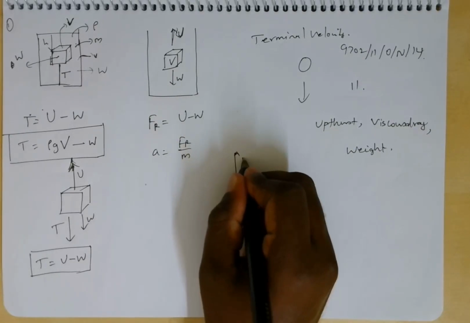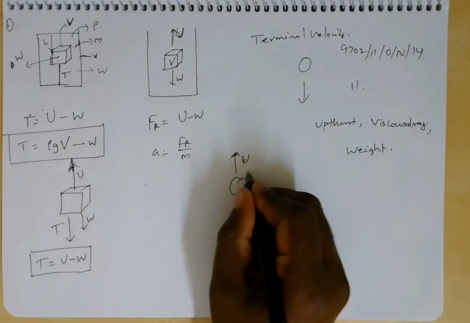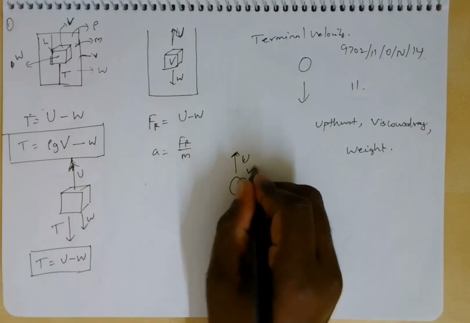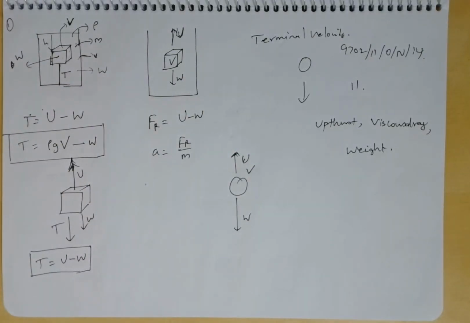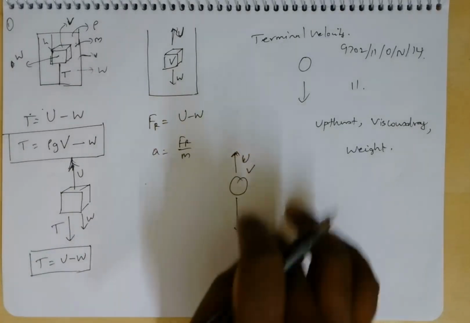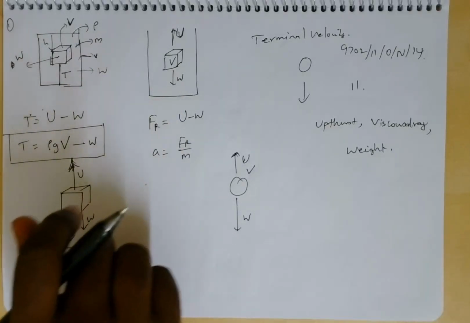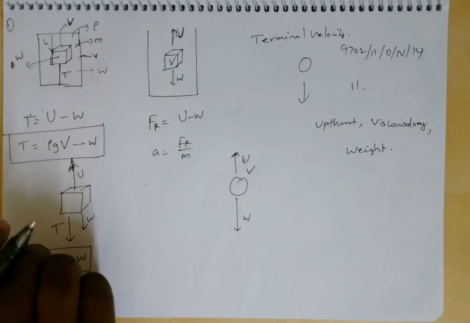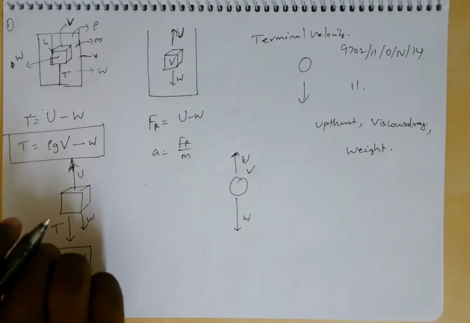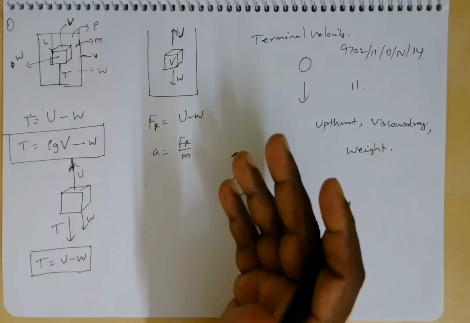Upthrust is acting upward. Viscous drag will also act upward. Now, if you take the viscous force, it will be equal to the resultant force of upthrust and weight.